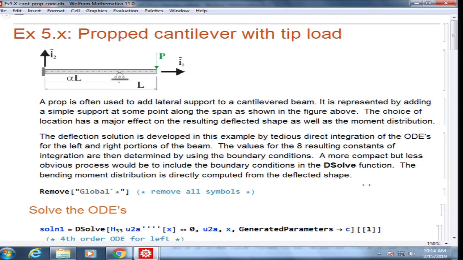So we'll take this problem where there is a cantilever beam and there is an additional roller support after a length of alpha L. Alpha is just a number which is less than 1, and this support restricts displacement. We are only talking about a planar problem, so we have a plane I1, I2, and we are considering transverse displacement in the 2 direction.